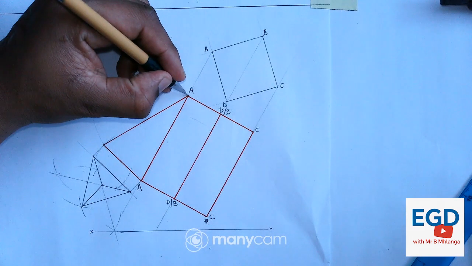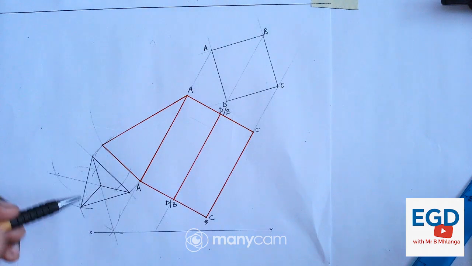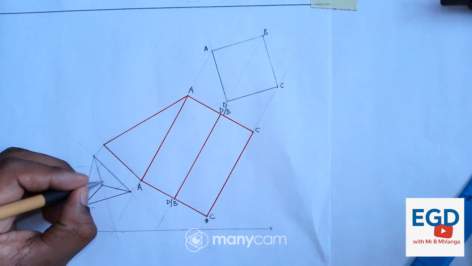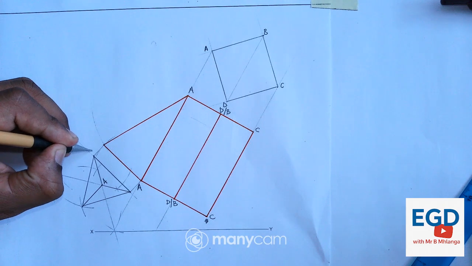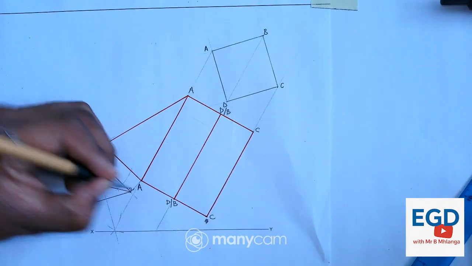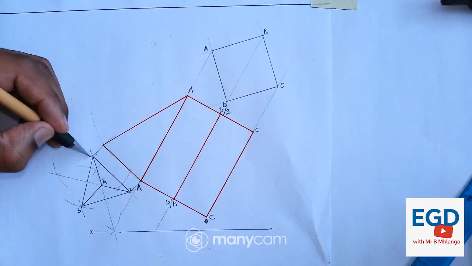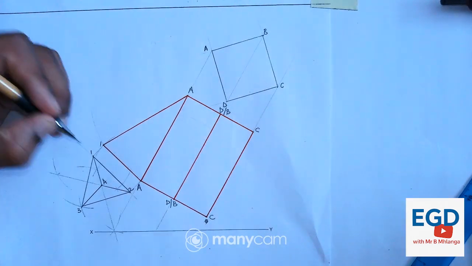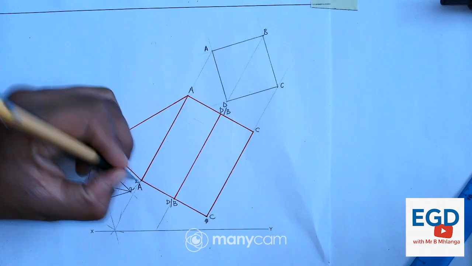So because this point is labeled already, so I can just say this is point A, and then here I'll have point 1, 2, and 3. This is the base of the pyramid. So here I'll have point 1, and then here I'll have point 2.